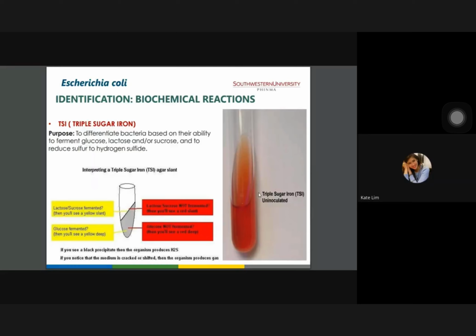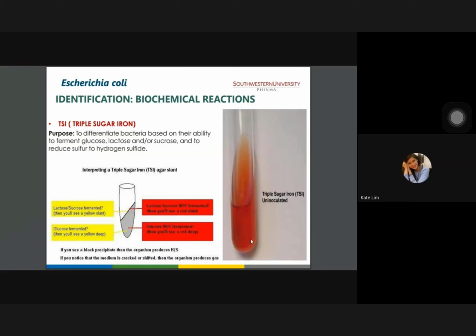If there's an acidic environment, this will change the color. So for example, if there's a change of color of your slant, that would tell you that lactose and or sucrose are fermented. If there is a change of color in the butt, that would tell you that glucose is fermented.